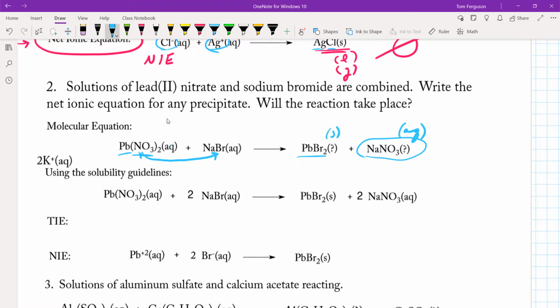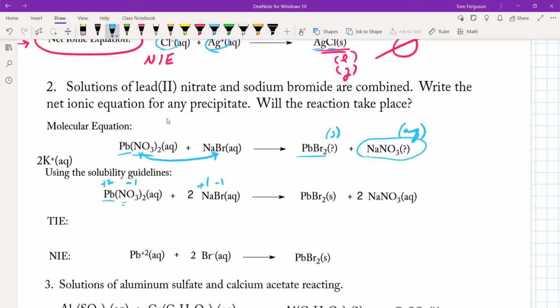Okay, so we have lead, and that's a +2. Nitrate is a -1. Sodium is a +1. Bromide is a -1. Okay, so we need 2 nitrates for each lead.